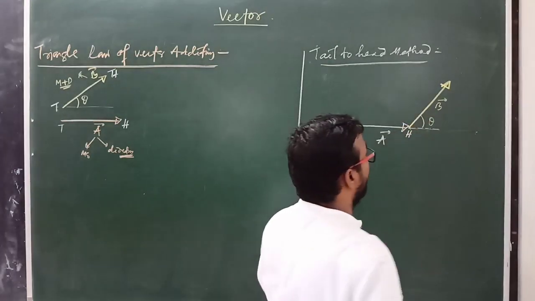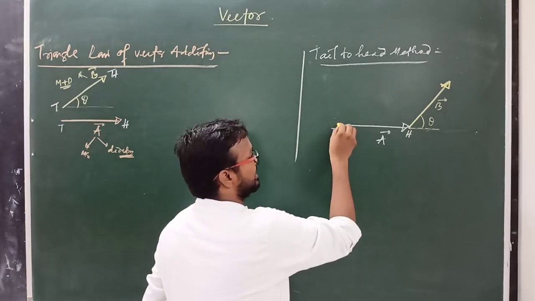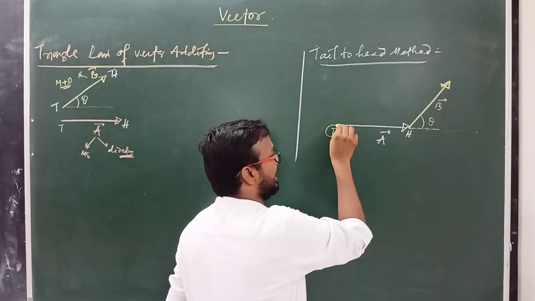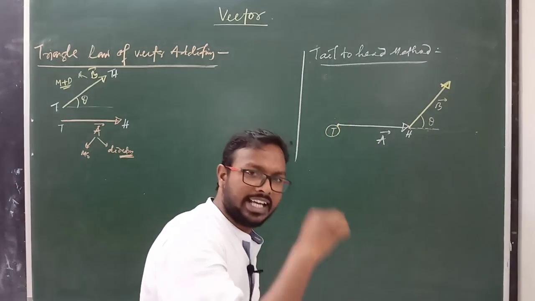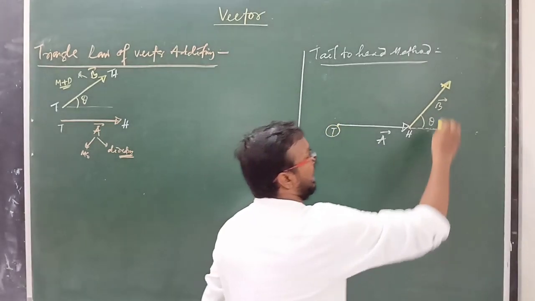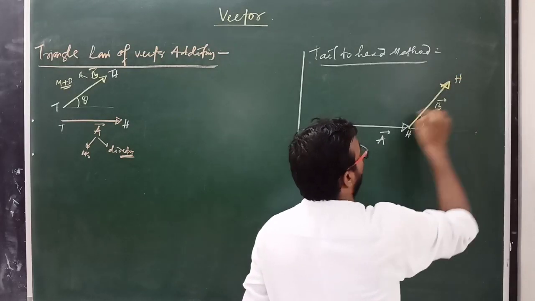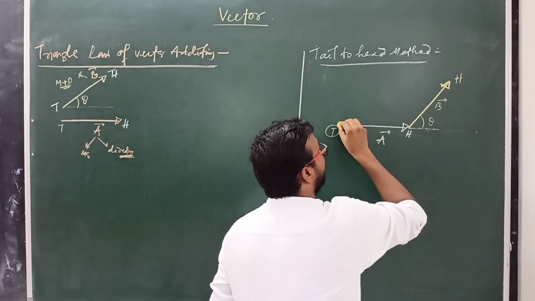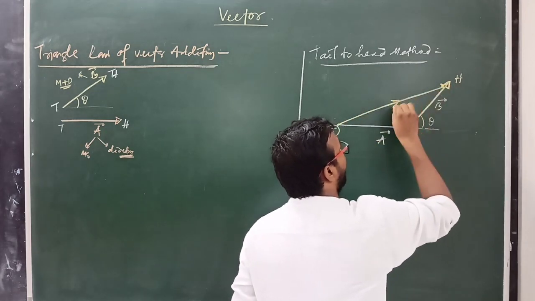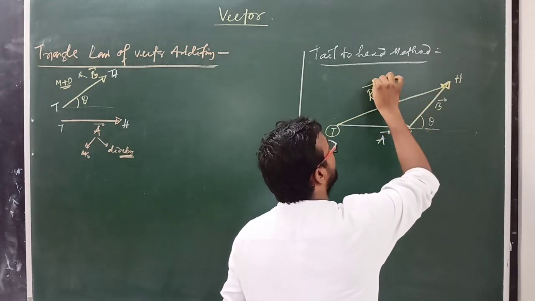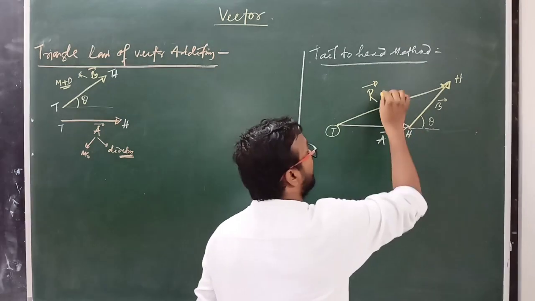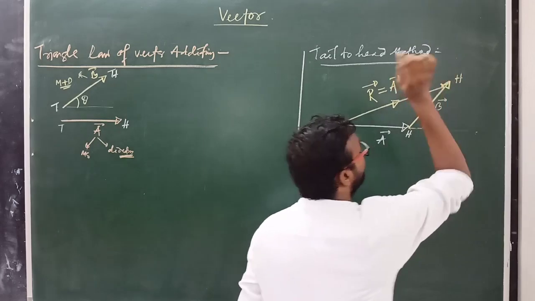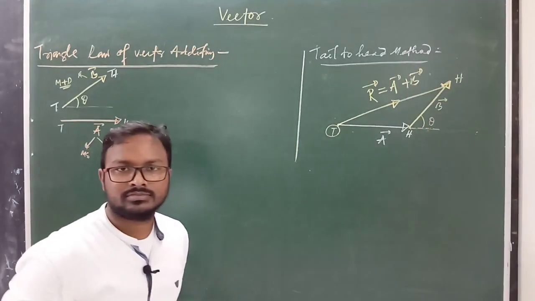This is the direction. Now this is the A vector. Take the tail of the first vector and the head of the second vector, and join this direction, which gives the resultant of these two vectors. This can be written as A vector plus B vector.